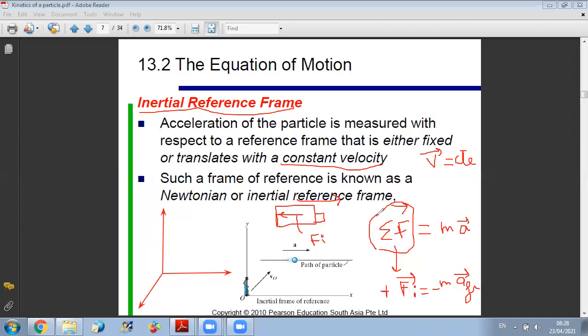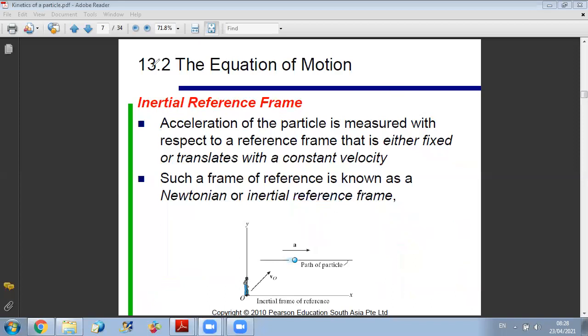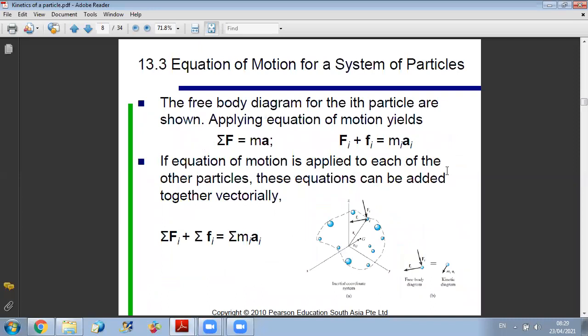I just put the ordinary forces that I have. Any question on this?